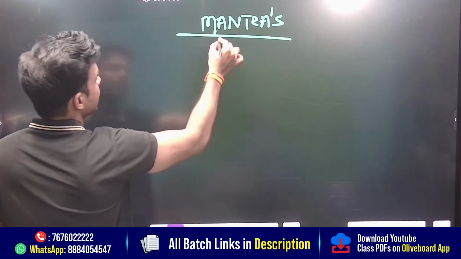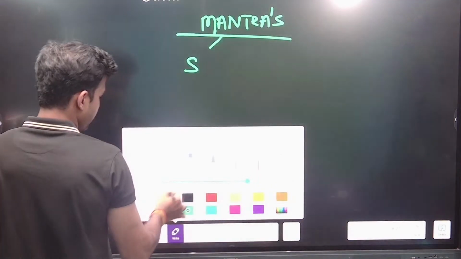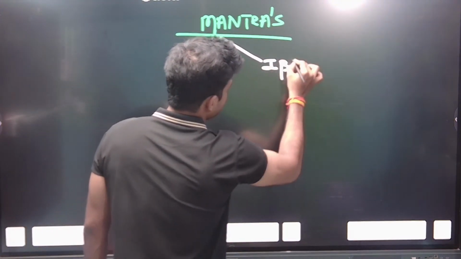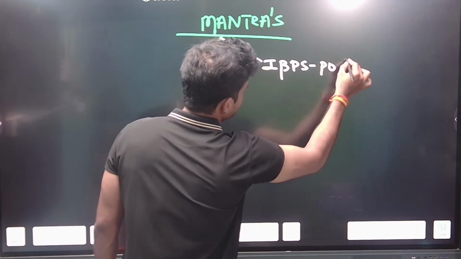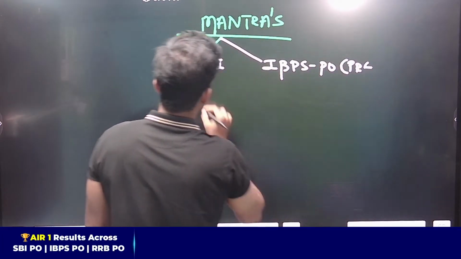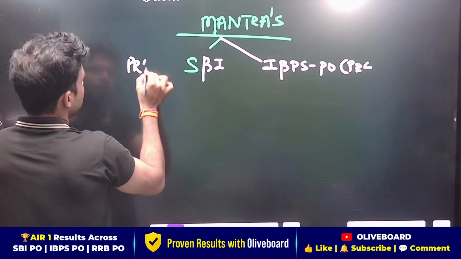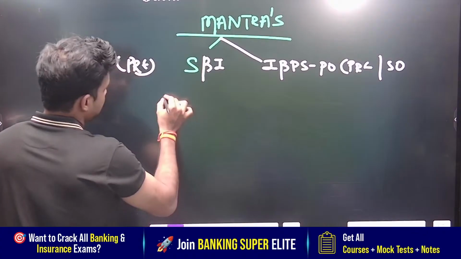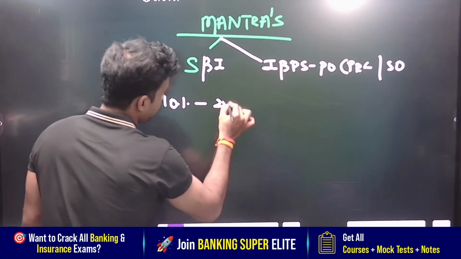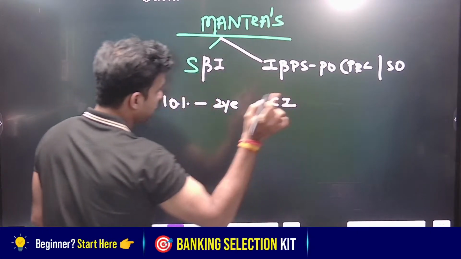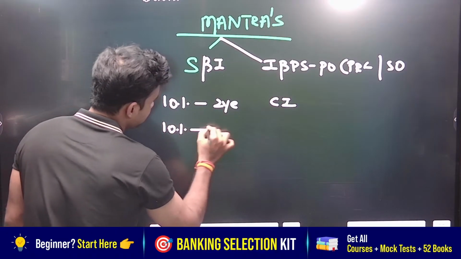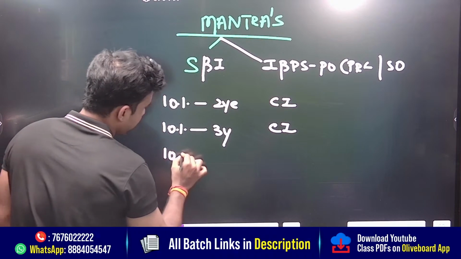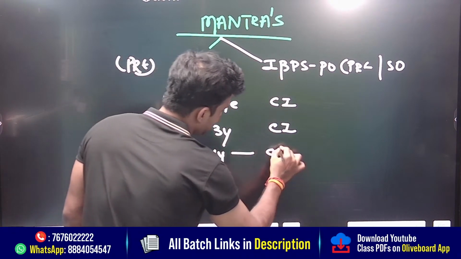Whether you are giving SBI PO or IBPS PO, this is for the prelims, and those who are giving SO, that also. 10% 2-year CI, please learn. 10% 3-year CI, please learn. 10% 4-year CI, please learn.